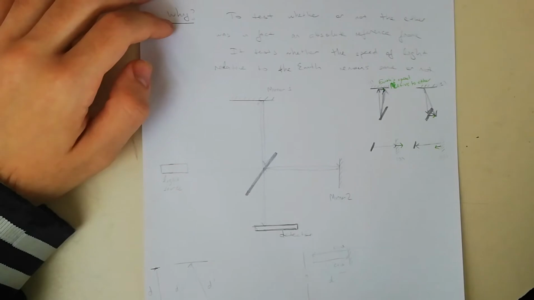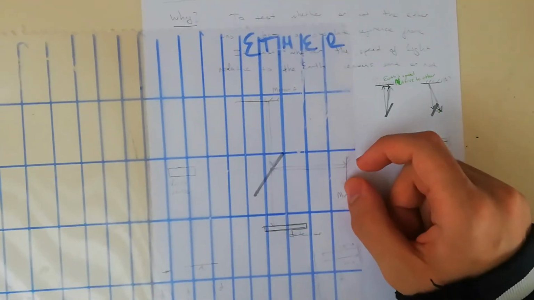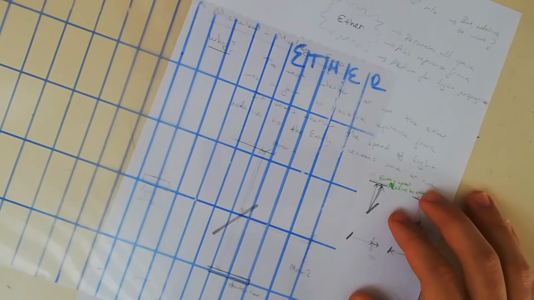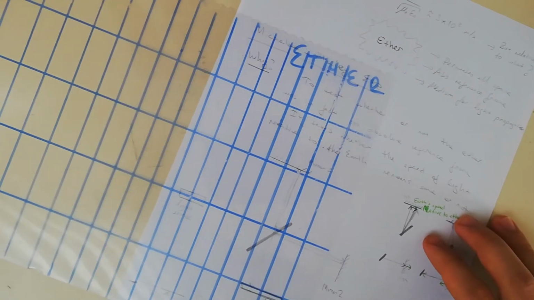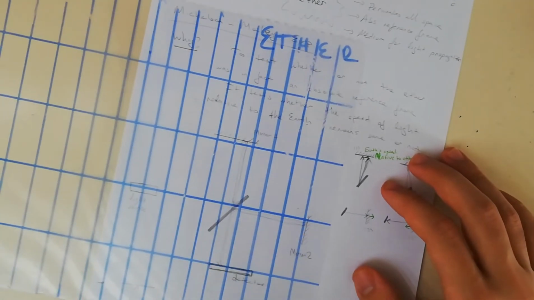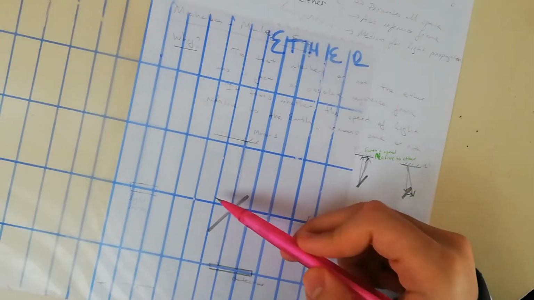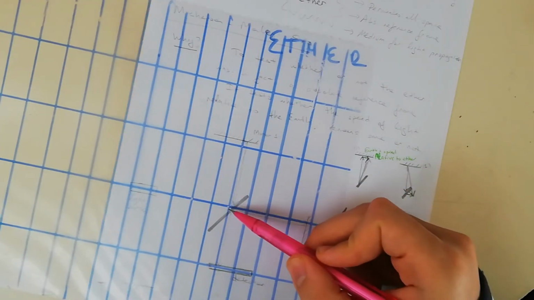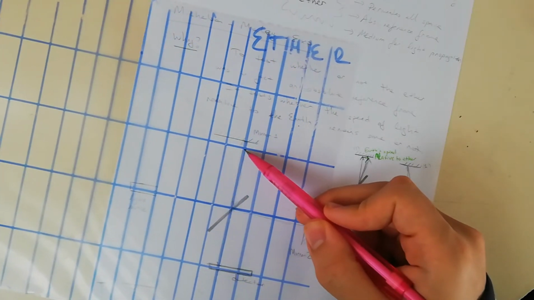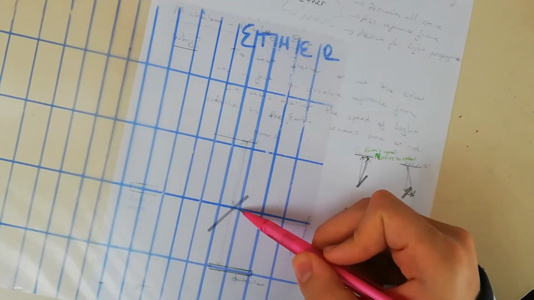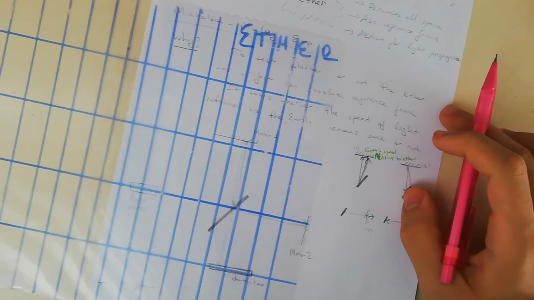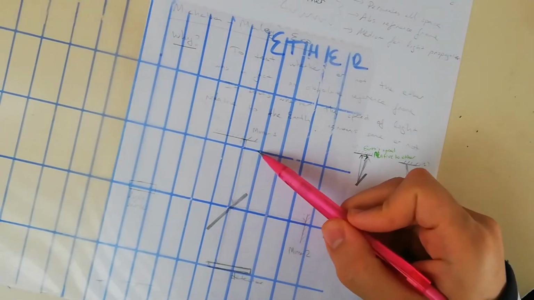But if we analyze this experiment from the ether point of view, let's say this is our ether, and assume that the Earth is moving horizontally to the right relative to ether. If we analyze the ray going to mirror 1, it first comes from here, goes like this, is reflected from mirror 1, then comes back to the beam splitter, so it covers a distance like this.